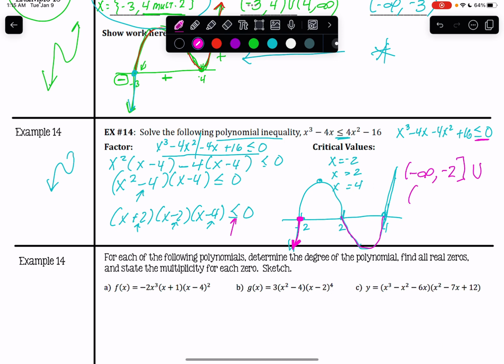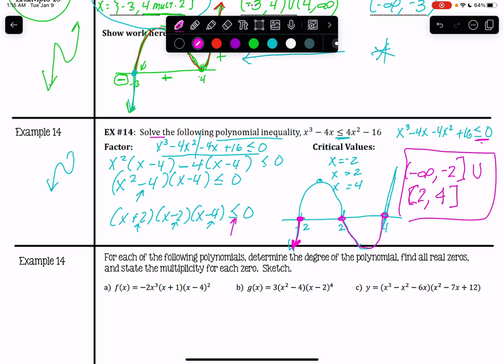Union, hard bracket, 2 to 4, both hard brackets, because those zeros are both going to be included. So when it says solve it, it means find the x values where it's less than or equal to 0. And so this would be the answer.